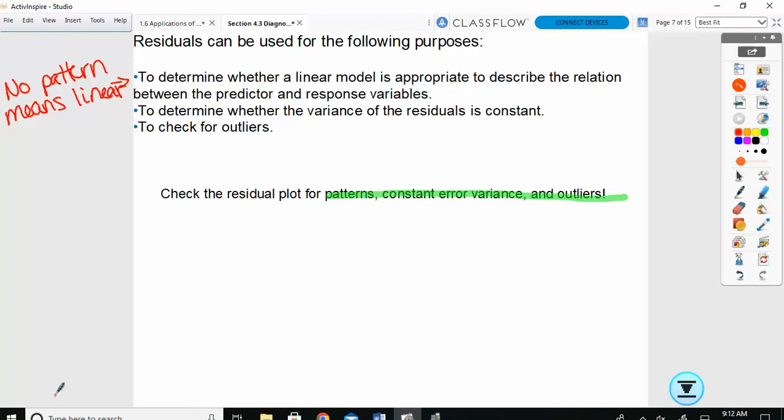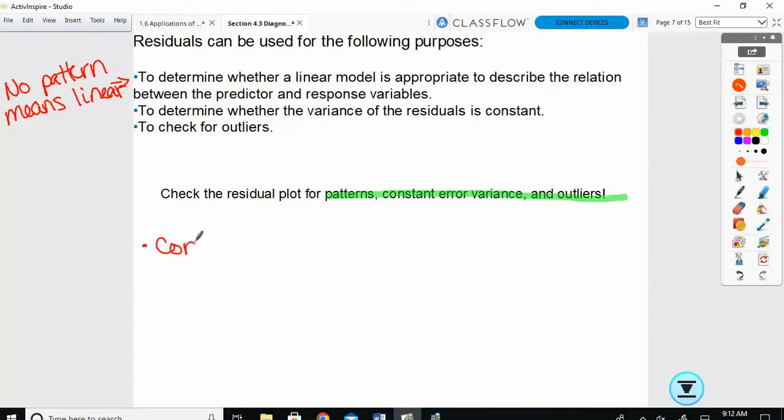Some positives, some negatives, a good mix of them. If we see a clear pattern, that means that the linear model was probably not the best thing for us. This is really just all linking in with checking if something's linear. And we already have several ways of doing that. Correlation coefficient, coefficient of determination, residuals. We're giving you multiple tools to test the same thing.